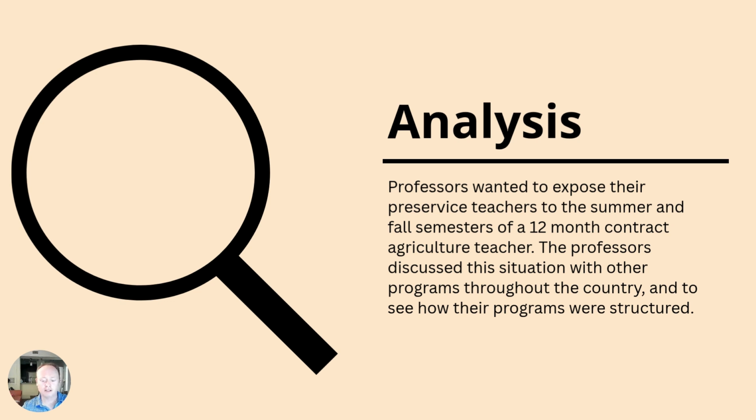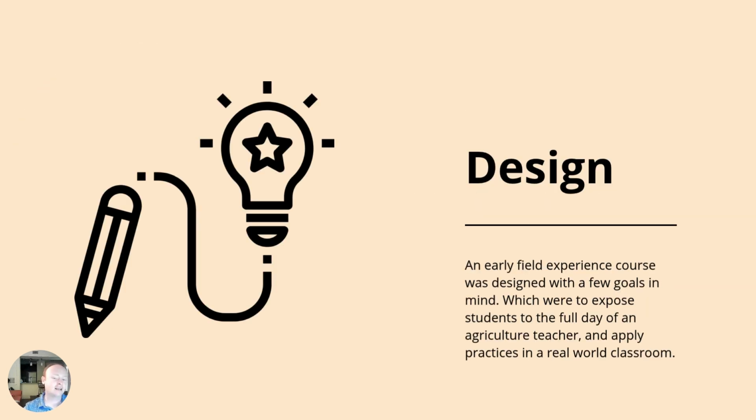So the events happening through the fall and the summer, such as camps and conventions, they were not exposed to. So we said, all right, how can we do this? The professors talked to other agricultural education programs throughout the country to see what they were doing to expose their students to this similar problem. Were they even having this problem as well? And how were their programs structured? So that was the analysis part.